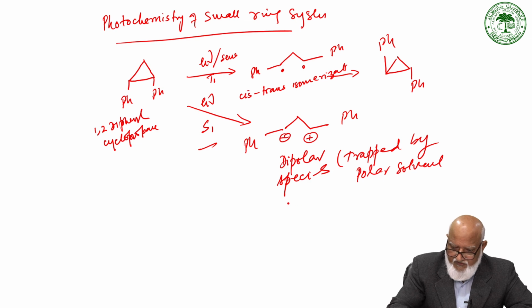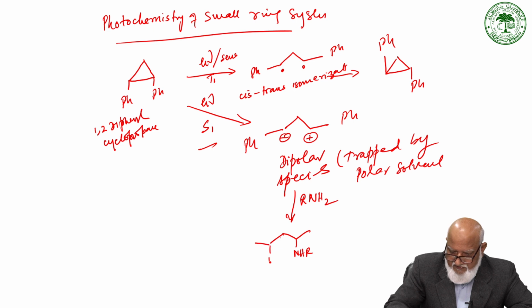It has been found that when it is treated with RNH2, there is an abstraction of a proton, giving NHR, and then this can abstract a proton from this, and then deprotonation.